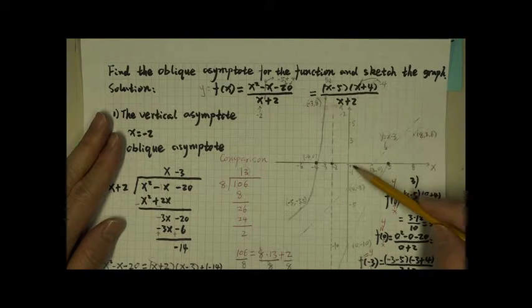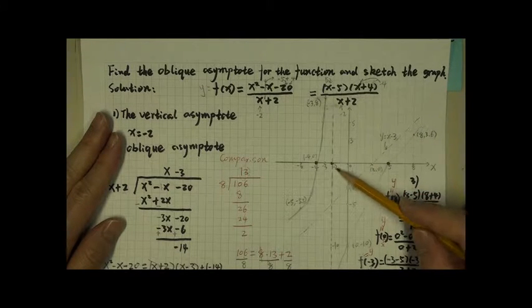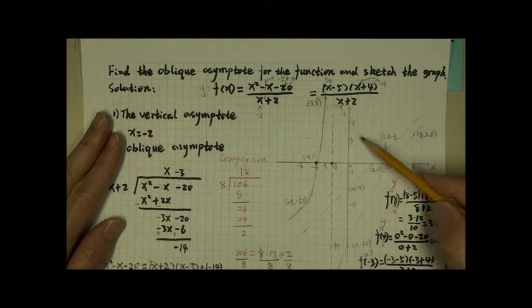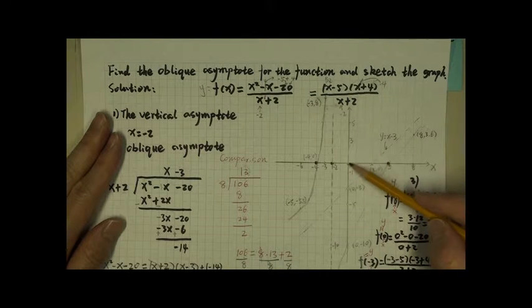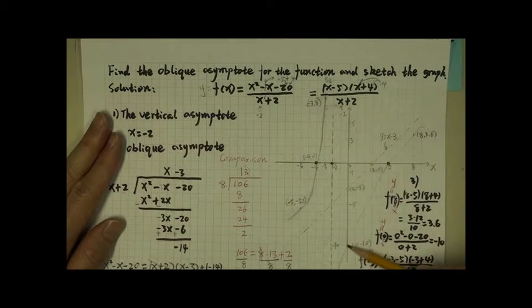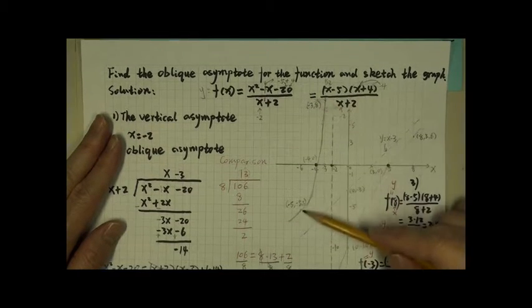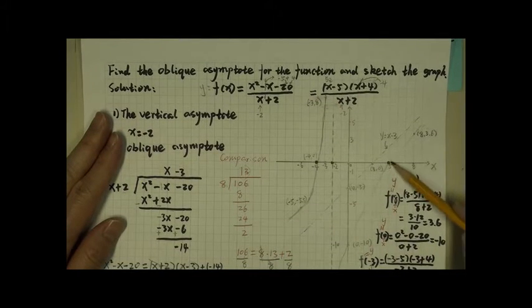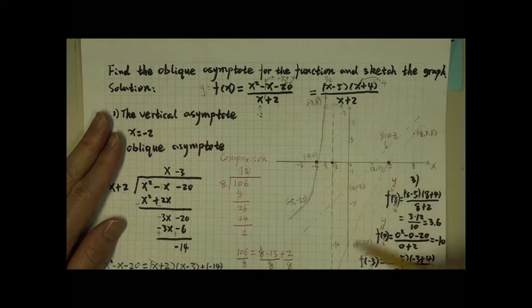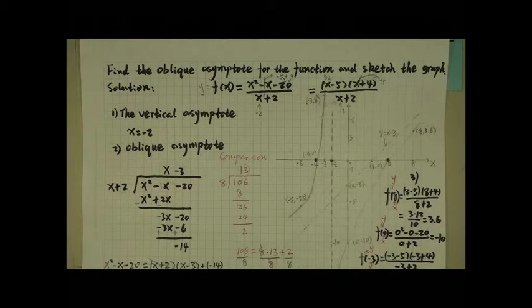Between negative 2 and 5, you always want to choose x equal to 0. You'll find the y-intercept is negative 10 in this case. You have 4 points besides the 0 points, so then you can find the picture.